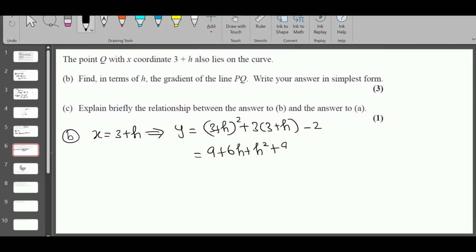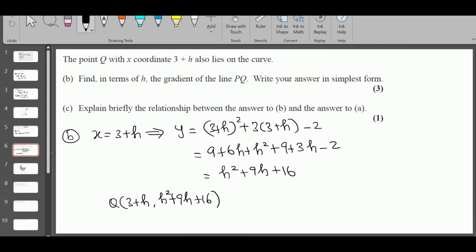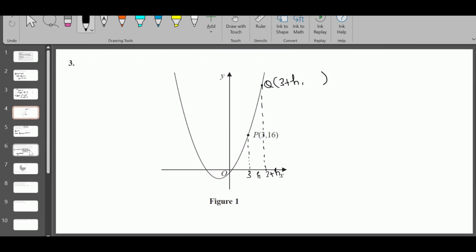Open the bracket, 9 plus 3h minus 2. Simplify the like terms, h squared, 6 plus 3 is 9h. And 9 plus 9, 18 minus 2 is plus 16. That's the y coordinate. So the point Q is 3 plus h, h squared plus 9h plus 16. And we know the point P is 3, 16.